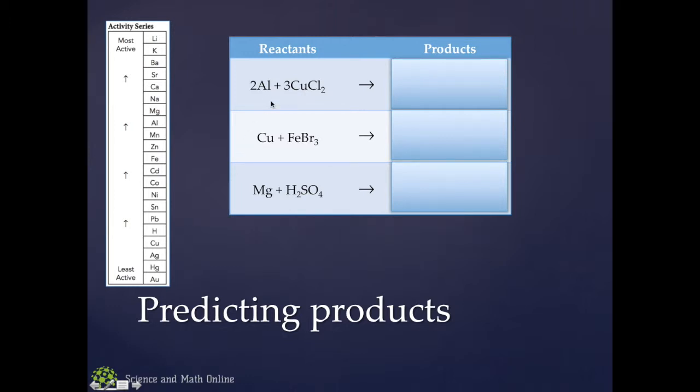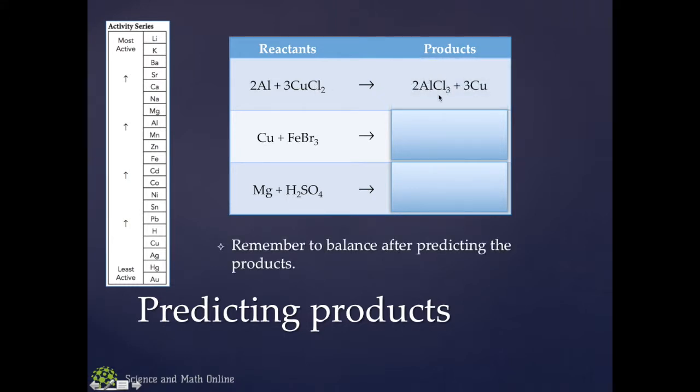And once again, the products are based on ionic charge. Aluminum is 3+, chloride's 1-, so the formula is AlCl3. Notice the quantities changed because it's based on ionic charge. And then the coppers get knocked out by themselves, and then we add the coefficients to balance it out.